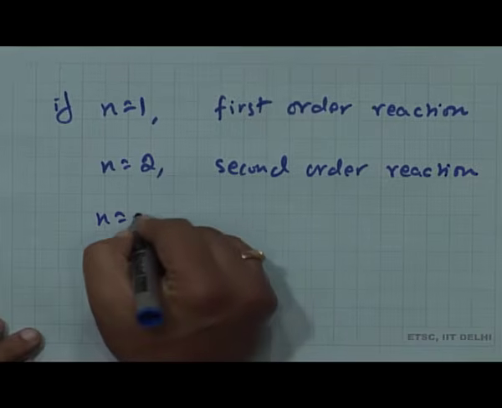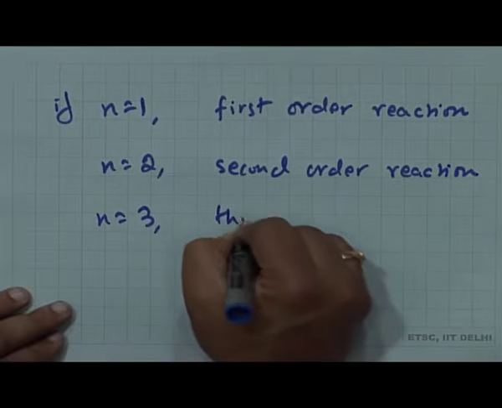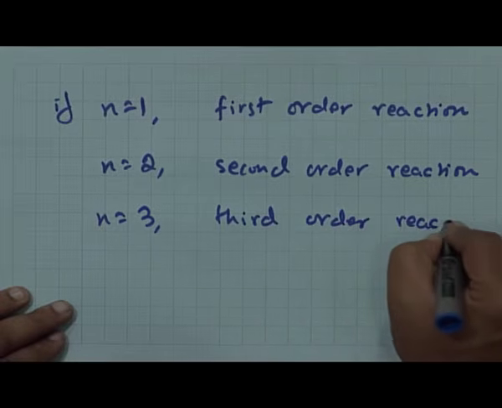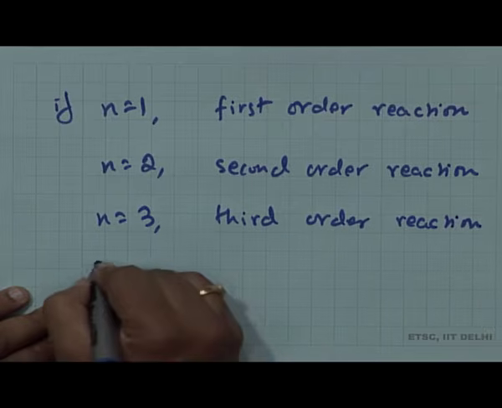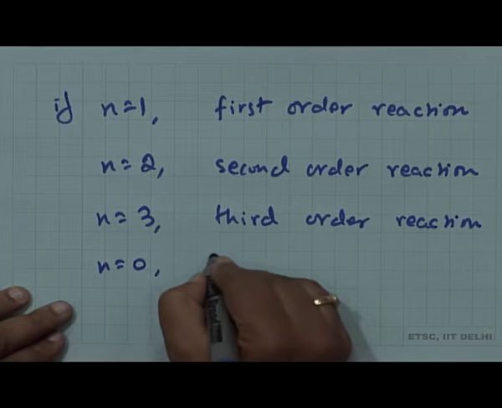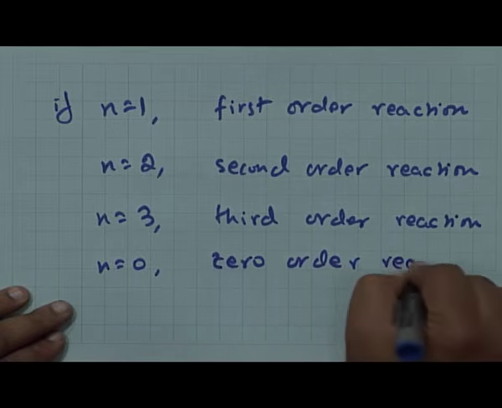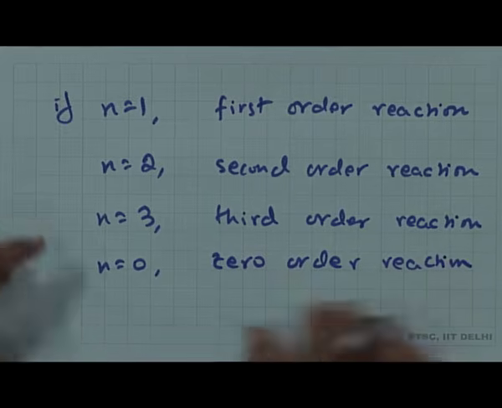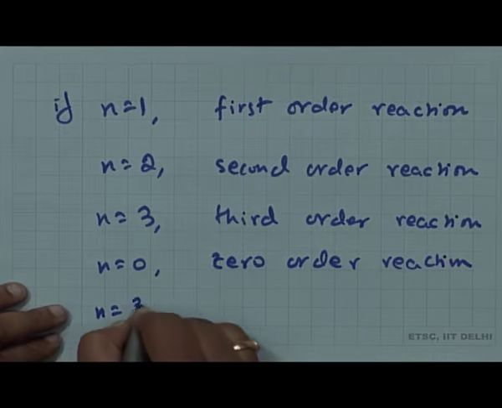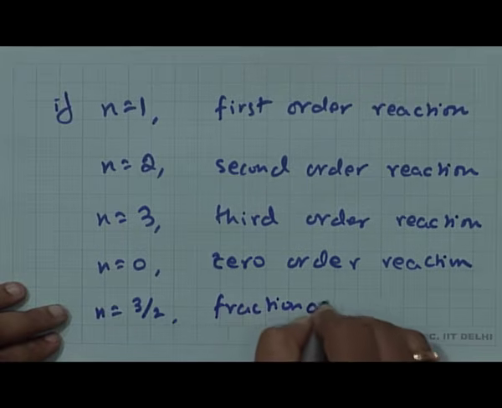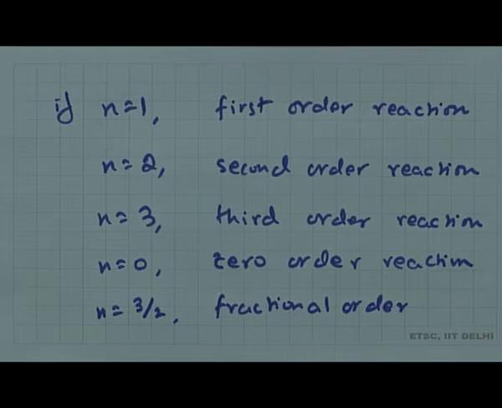If n is equal to 3, likewise it is a third order reaction. If n is equal to 0, it is referred to as a 0 order reaction. If n is 3 by 2 or 3 halves, then you see it is an order which is fractional, that means fractional order of 3 halves.